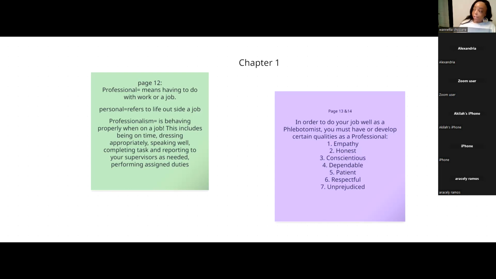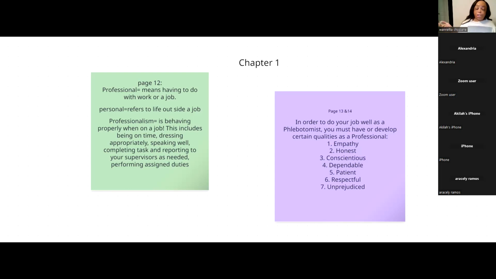You know what professional is, but are you behaving as a professional? So this includes being on time, dressing appropriately, speaking well, completing tasks and reporting to your supervisors as needed, and performing all your assigned duties that were given to you in your job description.